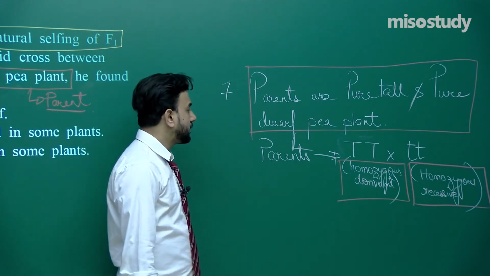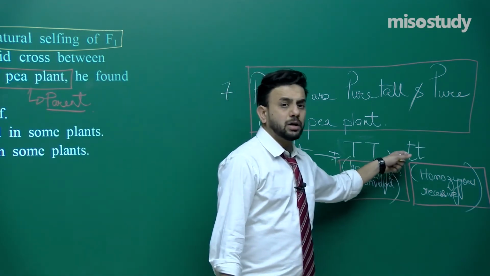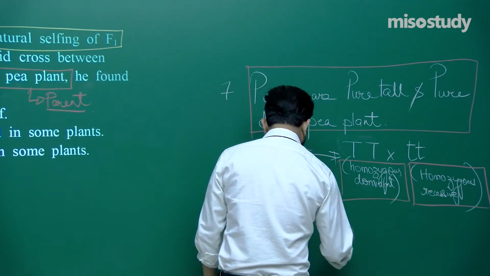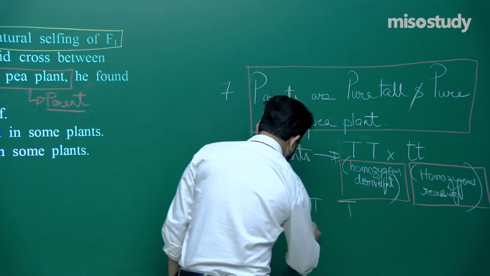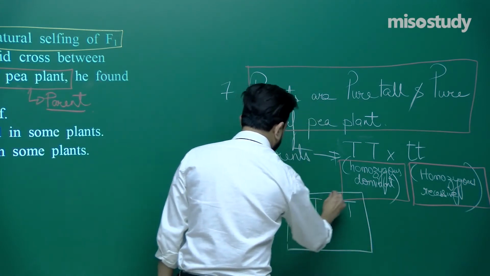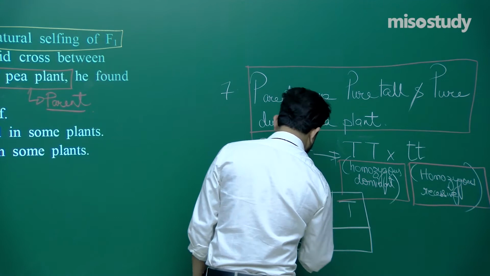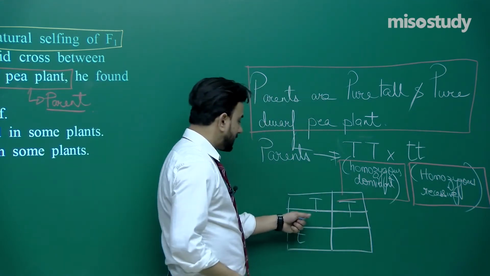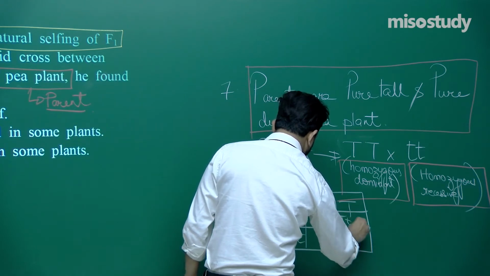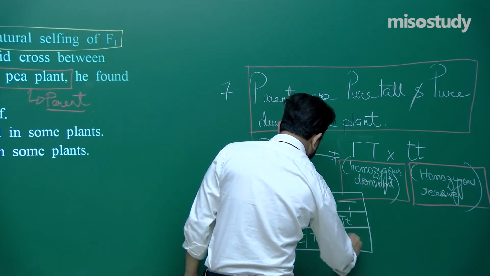Now what will we see? We will be crossing between the two. So if we produce a cross between the two, what will we obtain? Capital T small t, capital T small t, capital T small t, and capital T small t.